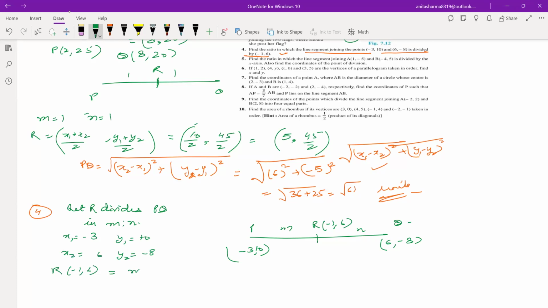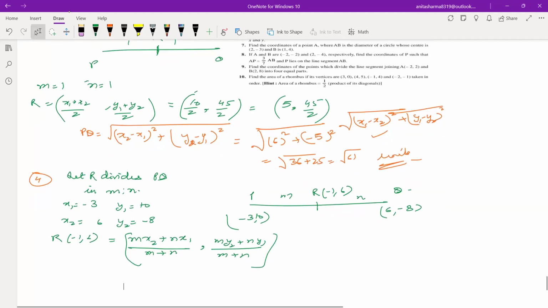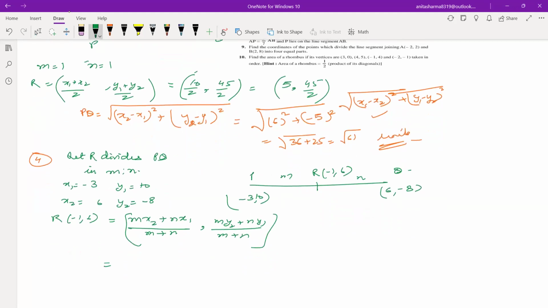So children, you will apply the section formula: mx2 plus nx1 upon m plus n, comma my2 plus ny1 upon m plus n. So now value of m will remain same, m. x2 is 6, beta, n is n, x1 is minus 3, divided by m plus n, comma m, y2 is minus 8, n, y1 is 10, upon m plus n.